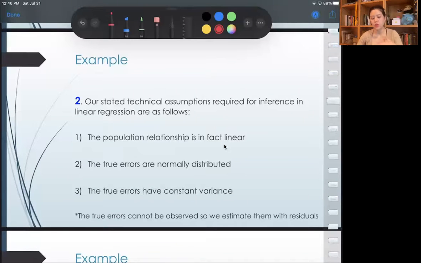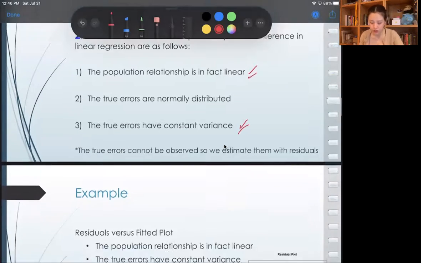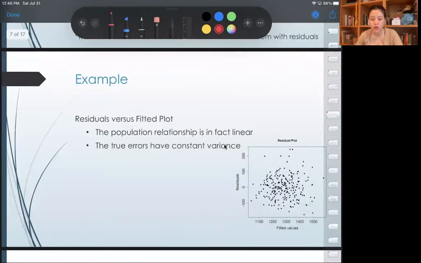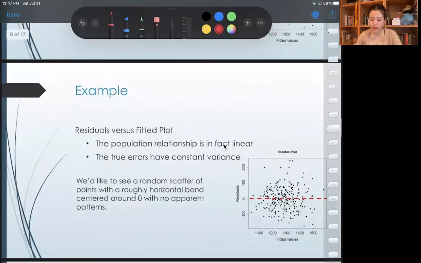Okay, so how do I show the assumption actually satisfy the problem? For the first and third, we're gonna use the plot called the residuals versus fitted plot. Again, this is going to be generated for you. It's cumbersome to do by hand. So what you're looking for is all the residuals here have to be randomized.